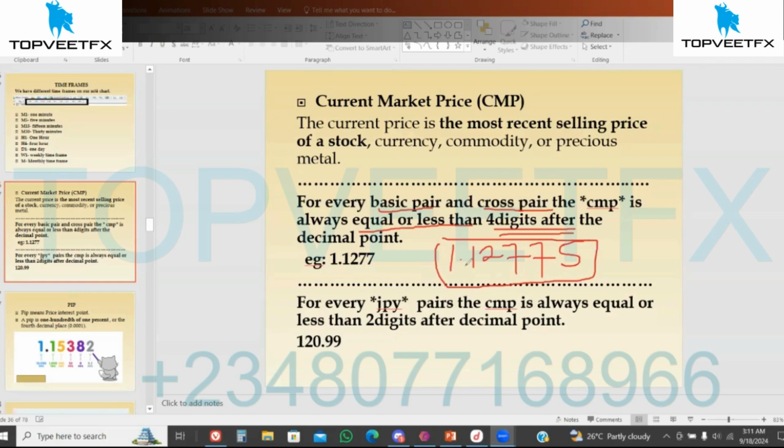So after the decimal point, let's count 1, 2, 3, 4. So meaning that it is going to be 1.1277.